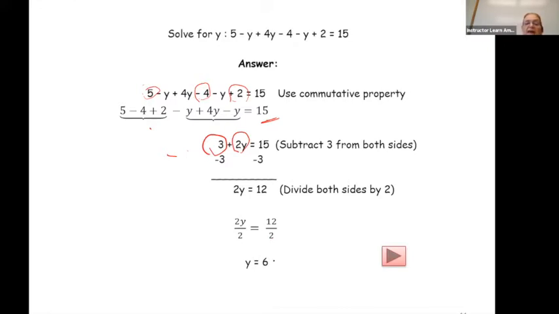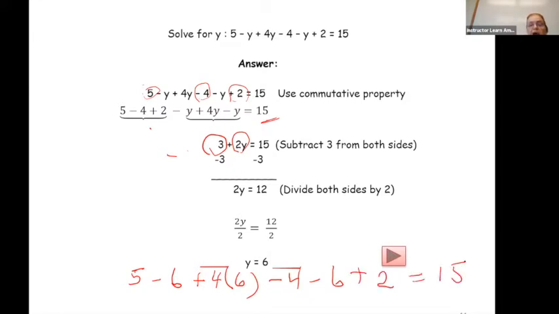If we want to check, we have to go back and put the answer into the original equation. So this would give us 5 minus 6 plus 4 times 6 minus 4 minus 6 plus 2 equals 15.